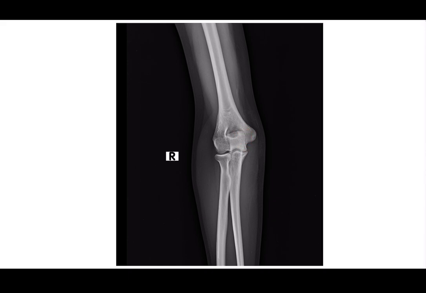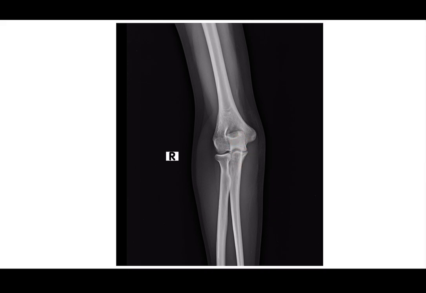So remember, the humeral articulations are capitellum for radius and trochlea for ulna, C for R and trochlea for U for ulna. So capitellum articulates with radius and trochlea articulates with ulna.